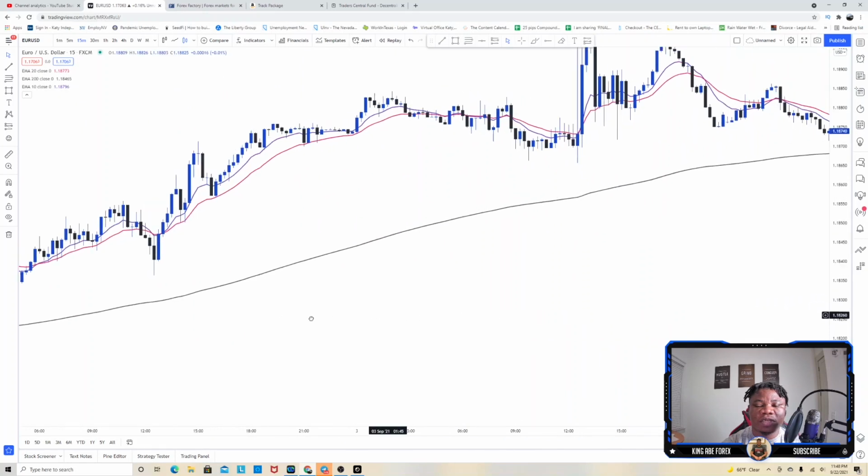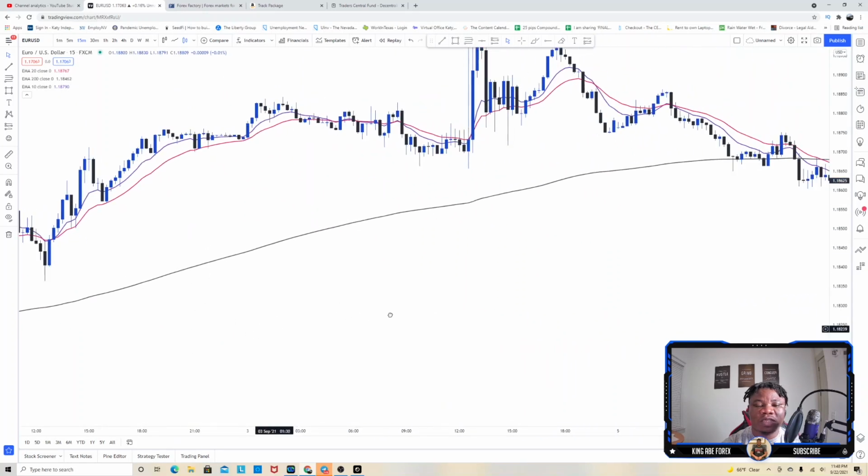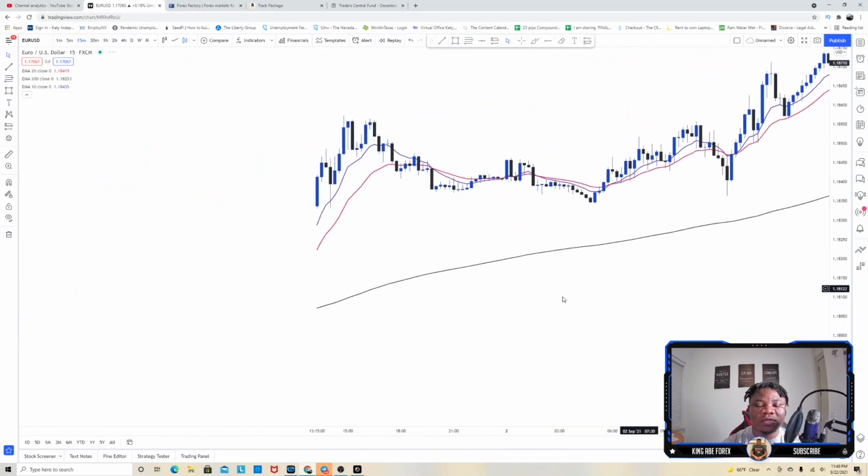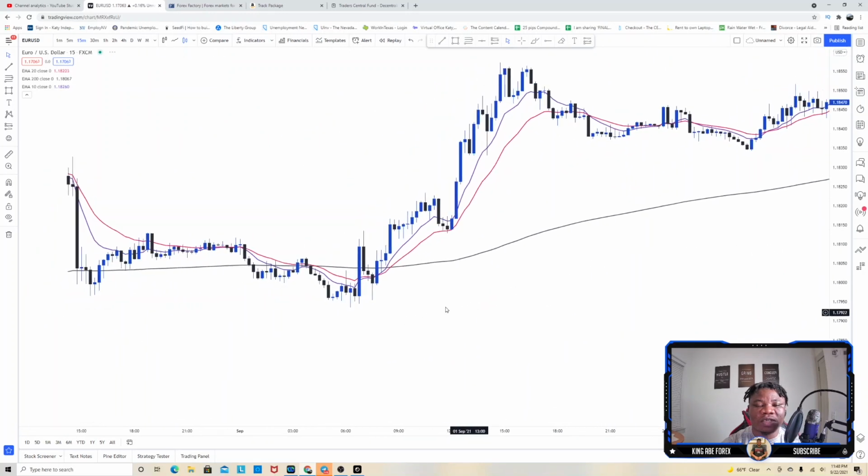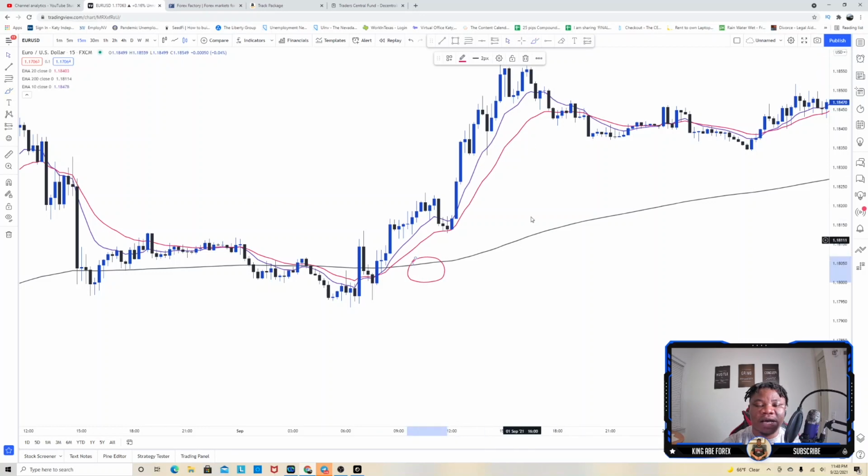Okay, over here we have price above the 200 EMA, so we're only looking to take buy positions.